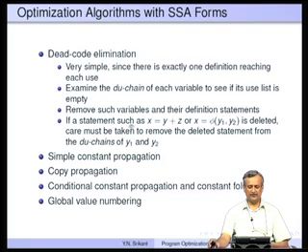If a statement such as x equal to y plus z or x equal to phi of y 1 comma y 2 is deleted, what happens? It is not that you can just delete the statement as such, because there are definitions of y 1 and y 2. For example, y and z, x equal to y plus z may not have any use. In other words, I have not used x later on at all.